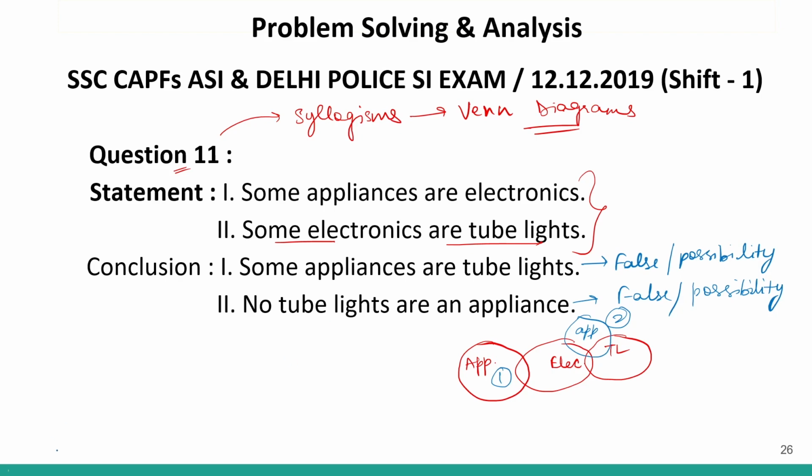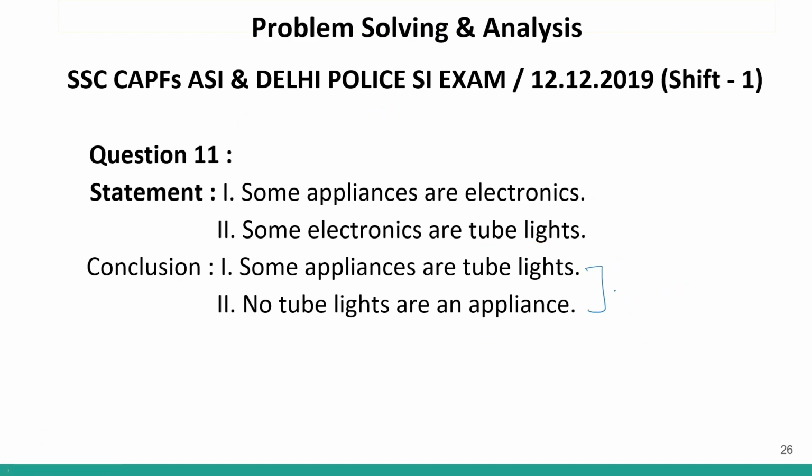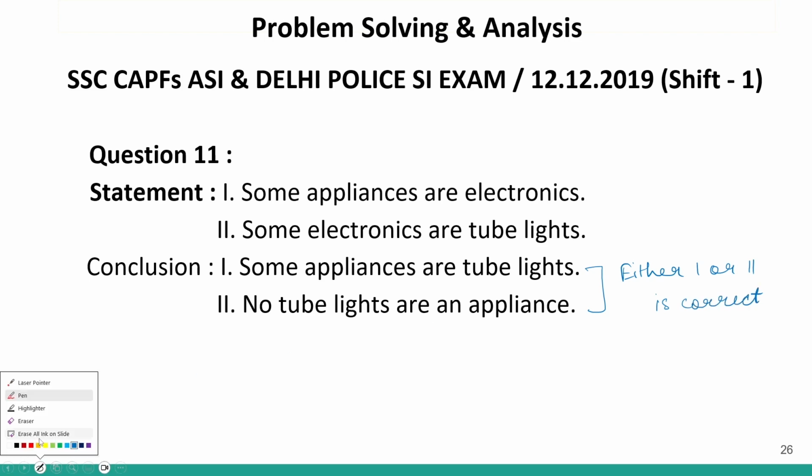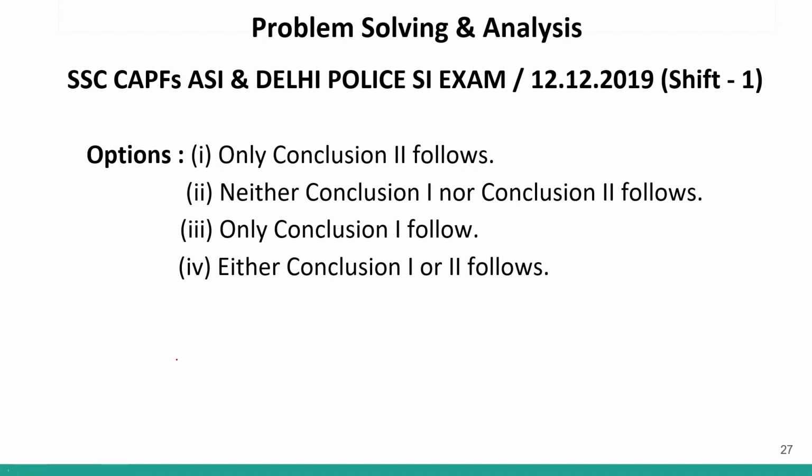So, I can say that either 1 or 2 is correct or valid. So, either of the statements will be correct. So, over here, in option number 4, we have either conclusion 1 or 2 follows. So option number 4 will be the correct answer.